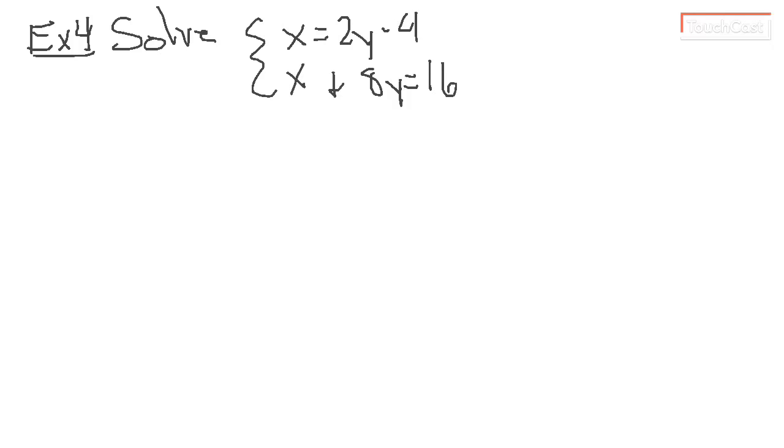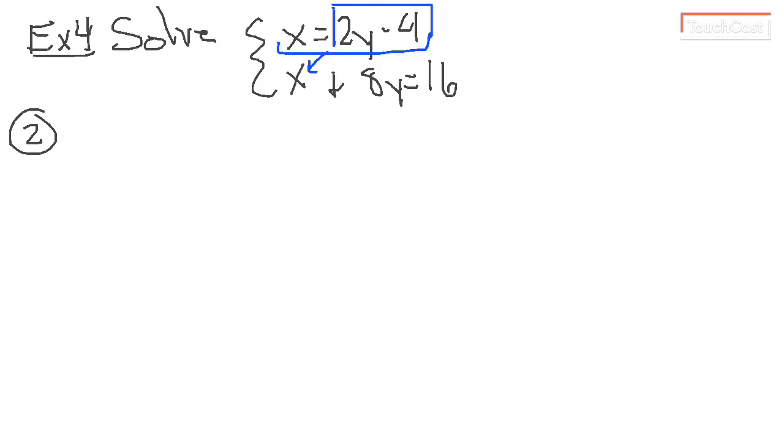We don't have to solve for a variable in at least one equation because that's already happened in the first equation. We've got x by itself. So we're going to go straight into step 2, where we substitute that expression into the other equation. So we're going to take the 2y minus 4 and we're going to replace x with it.